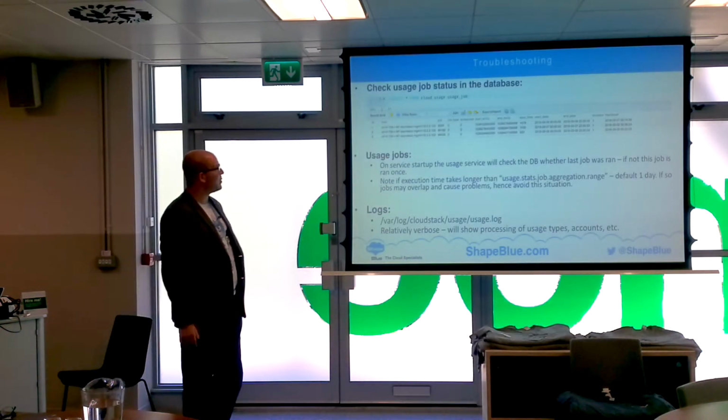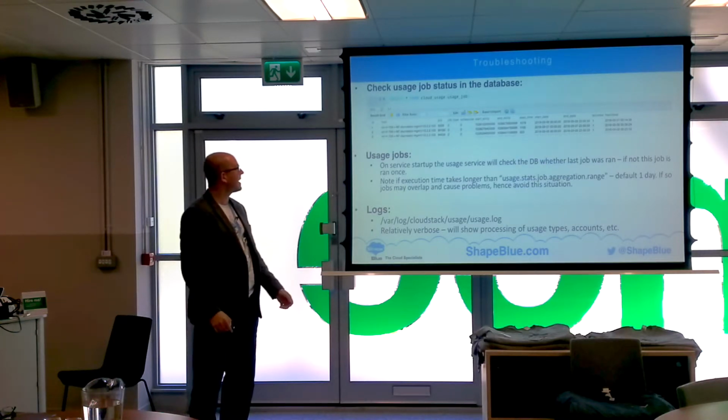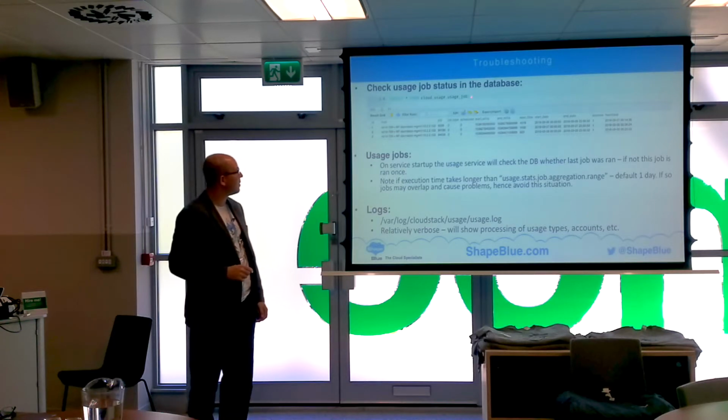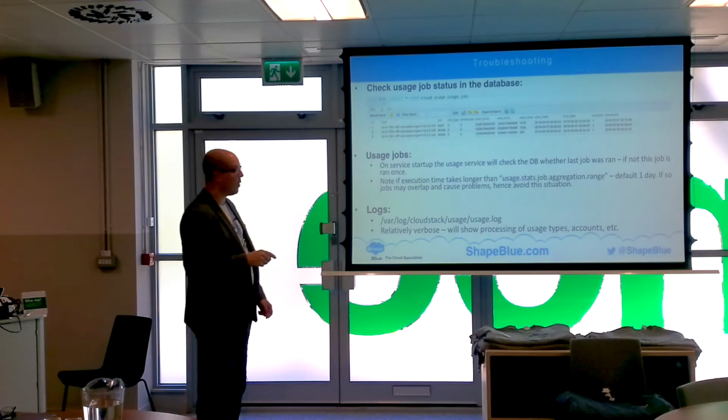Moving on to troubleshooting the user service. In your cloud usage database, you have a job tracking table called usage job. Hopefully you won't ever need to look at this, but it's good to know. This will track the PID of the user service on that server.